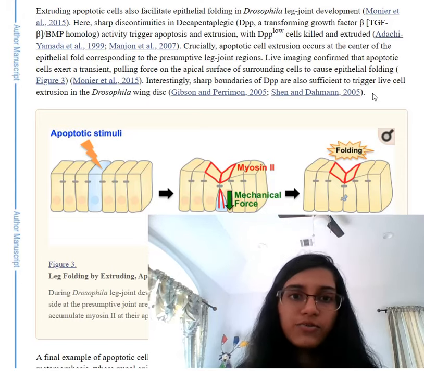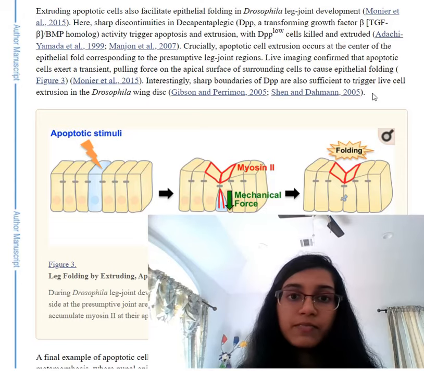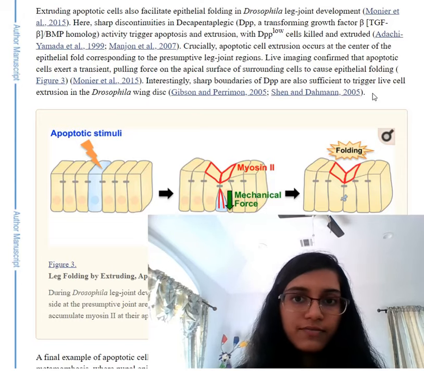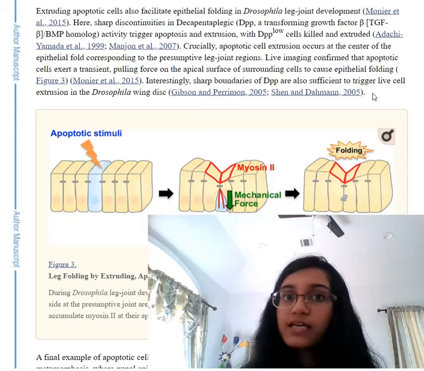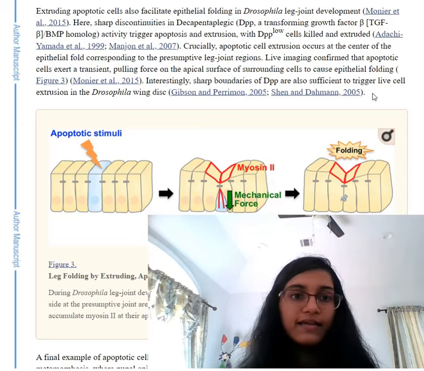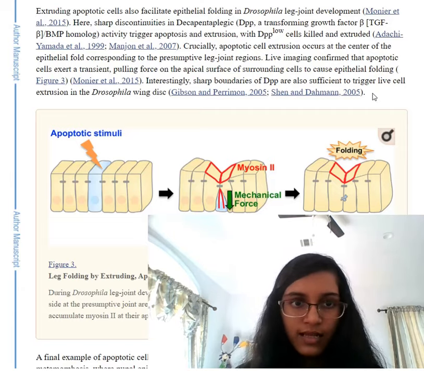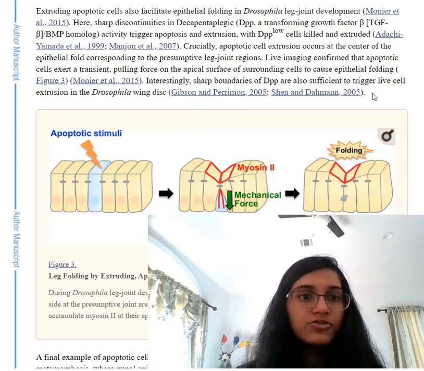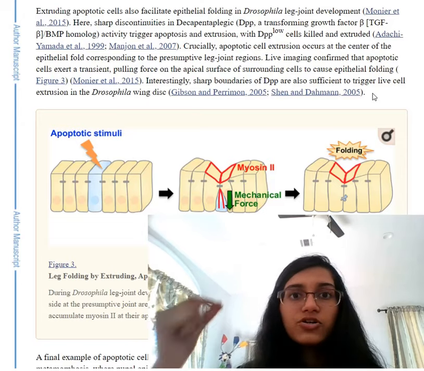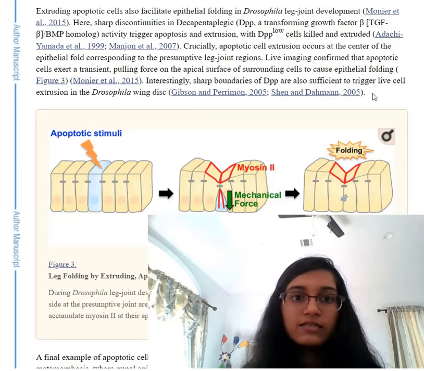Here, sharp discontinuities in DPP activity trigger apoptosis and extrusion, with low DPP cells killed and extruded. So essentially, if a cell does not have that much DPP, then this is a trigger for apoptosis and cell extrusion. And the cell extrusion, they go on to say, happens at the center of the epithelial fold, which causes the folding at the correct leg joint region.